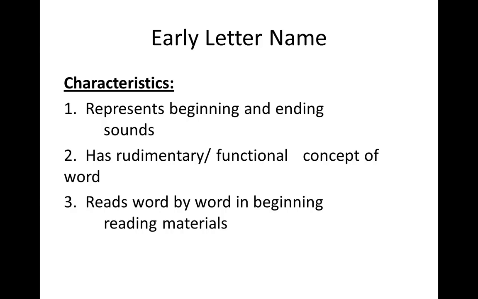In the early letter name stage, as you can see on page 14 in table 1-2, we typically see beginning and ending sounds. We see sort of the functional concept of a word, and they're typically reading and spelling words in beginning reading materials, but vowels are often omitted.